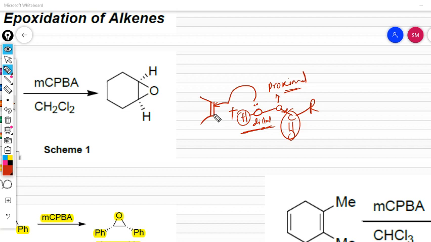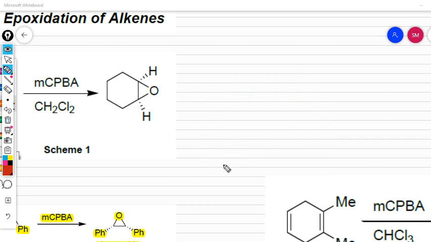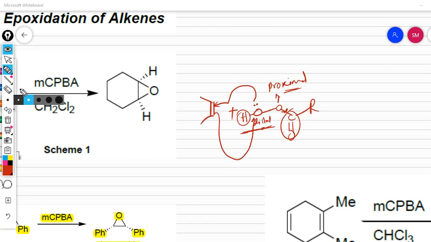At the same time it's going to attack back. Or if you take it stepwise, initially the oxygen attacks the olefin, then this bond is going to migrate here. Generally it will happen within a single step, not in two steps.